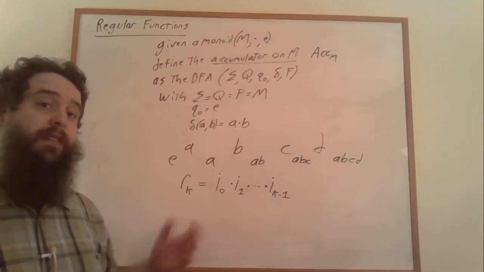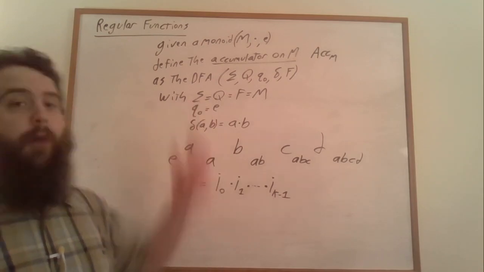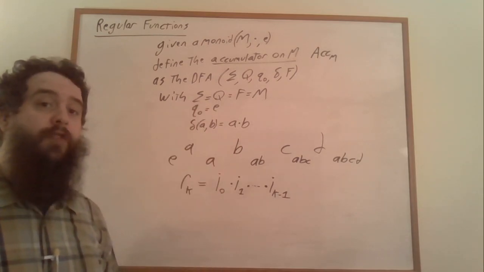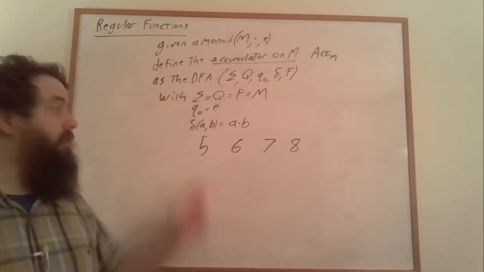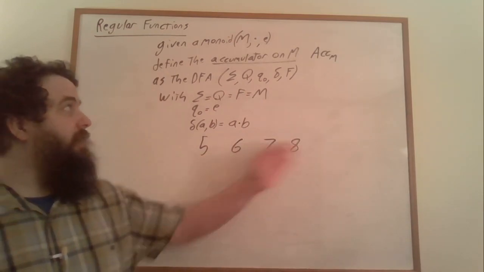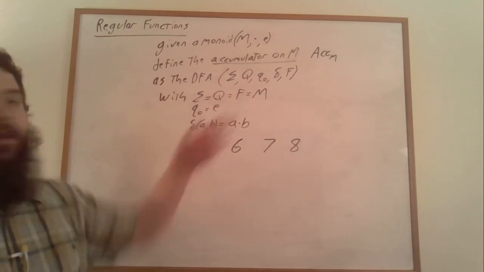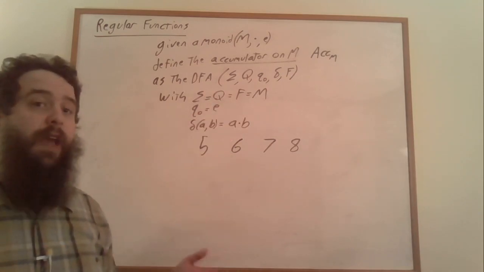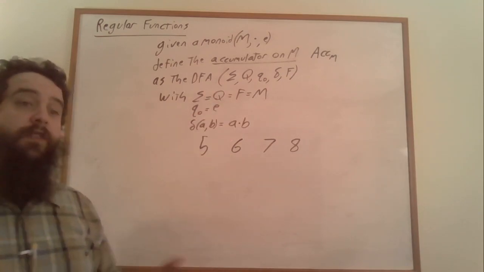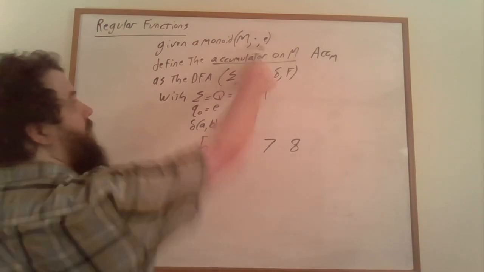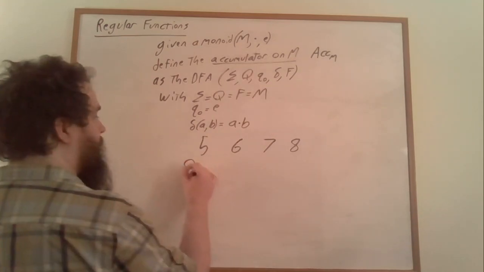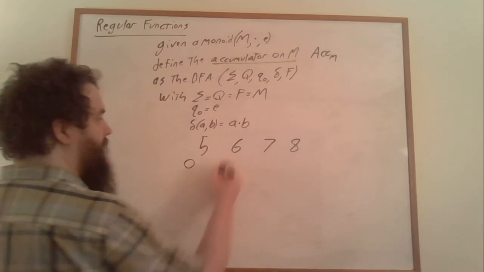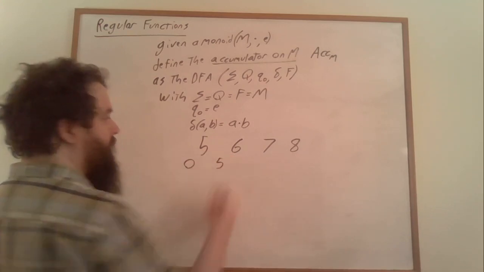Let's take a look at the specific example where our monoid is addition modulo 10. Let's say we wanted to input the string 5, 6, 7, 8 into the accumulator on this addition modulo 10 operation. The start state would be the identity element for this monoid, that is 0, and then we do 0 plus 5 to get the next state, that'll be 5.